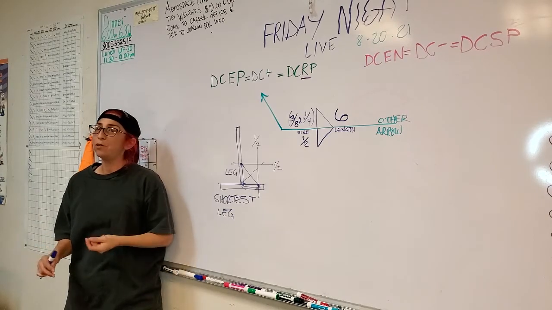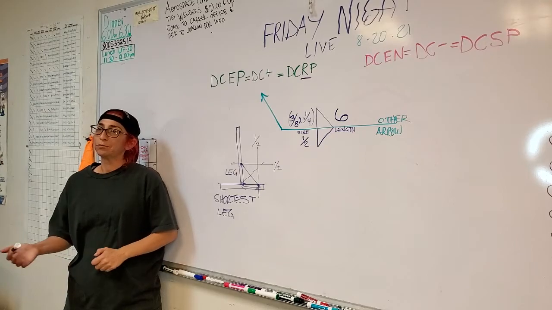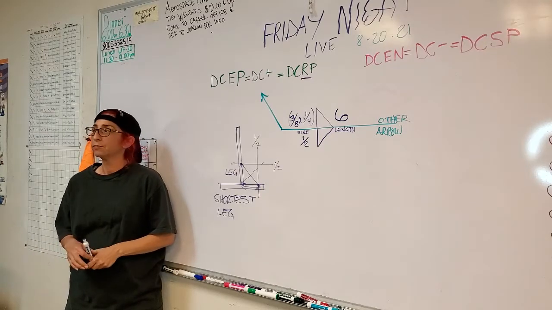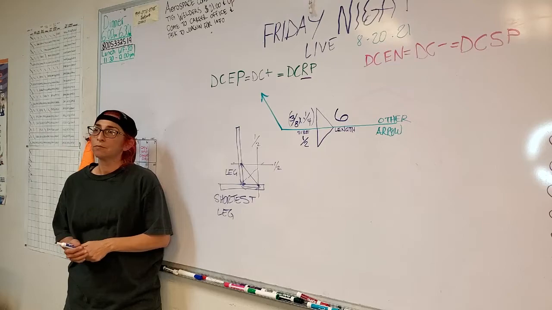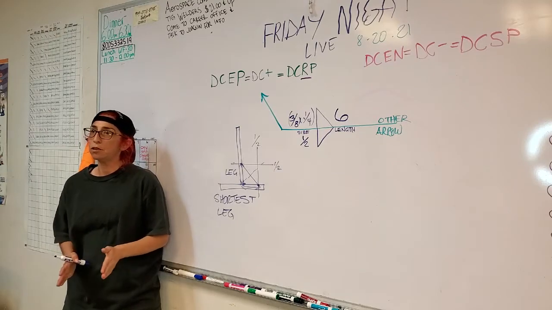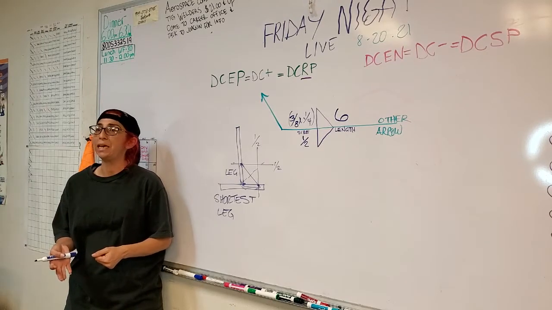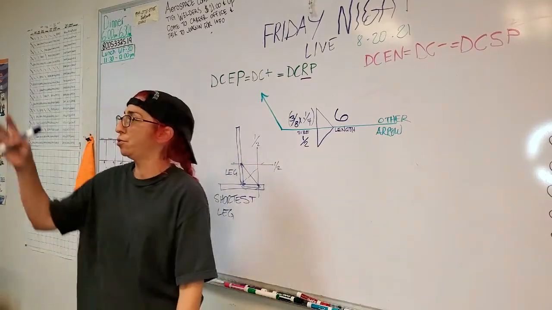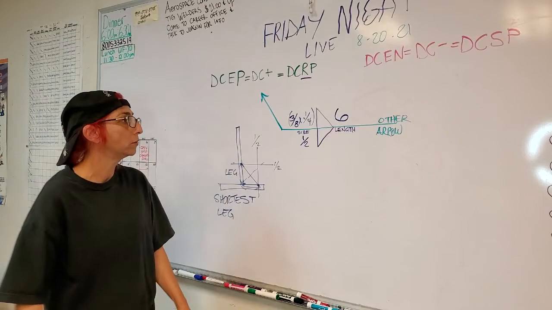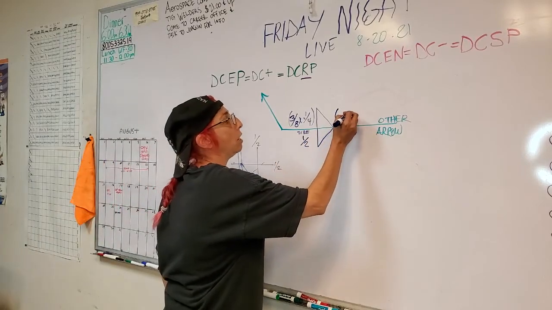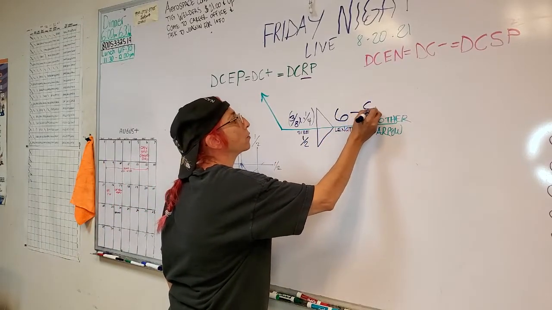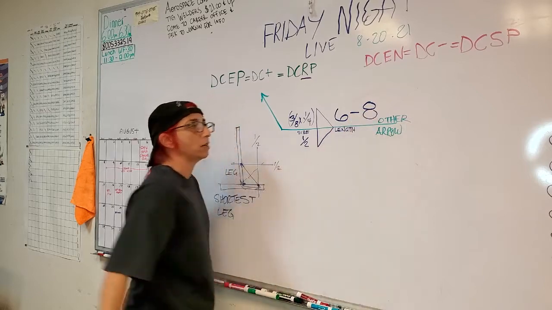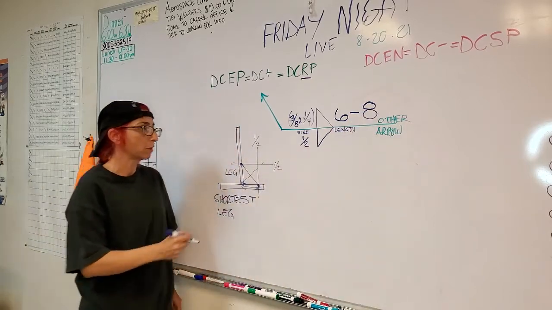You guys know what it is. Center to center spacing or pitch. Pitch is the center to center spacing. So we're going to have a dash, and then this is going to be my center to center spacing.